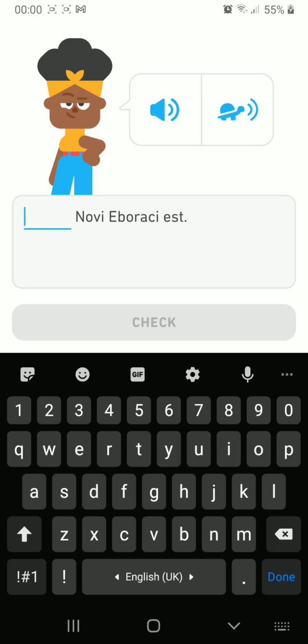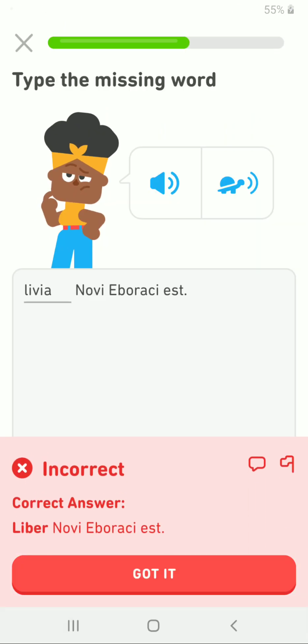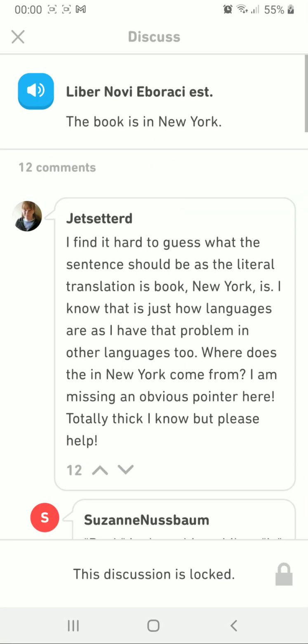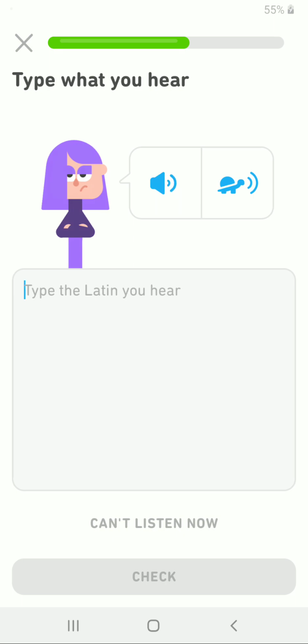So it's saying like you are in New York, but who is in New York? Live here, live where? Oh, liber. Liber, it's the book, right? Liber is the book. So the book is in New York. Okay, so my bad then.